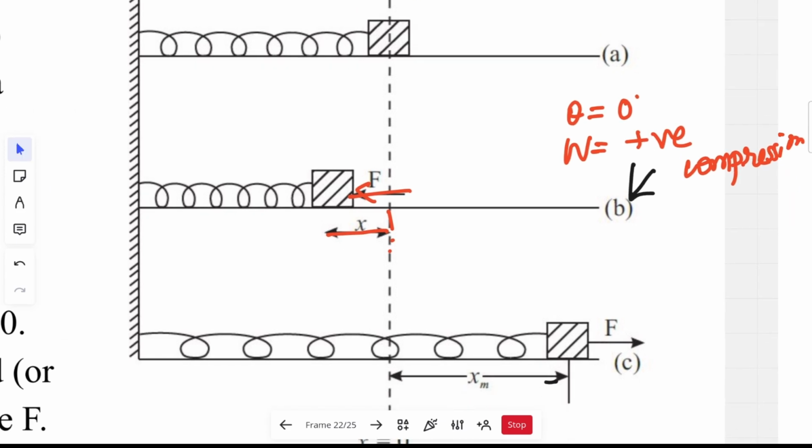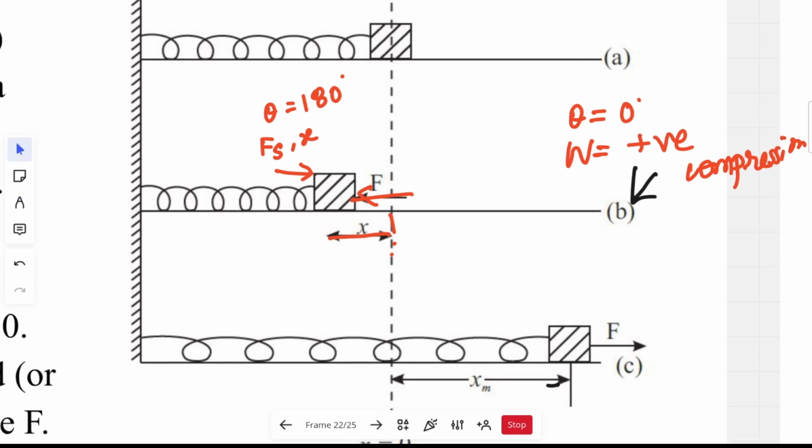However, for the same displacement, the restoring force Fs, the internal force, is towards the right, so F and x are in opposite directions, theta is 180 degrees, and hence the work done by the spring is negative.